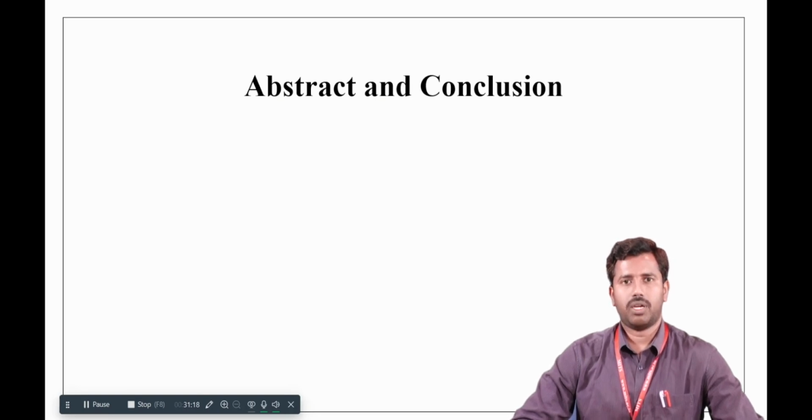Why? Because if we start with the abstract and conclusion initially, it is very difficult to map between these sections. So first of all, focus on the literature survey, introduction, methodology, proposed work, and results. Once everything is ready in the form of comparative results, it is very easy to frame the abstract as well as the conclusion, because these two are interlinked.